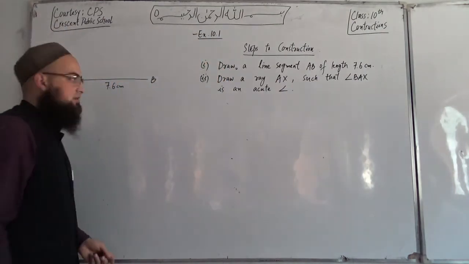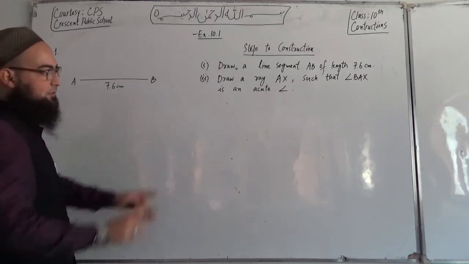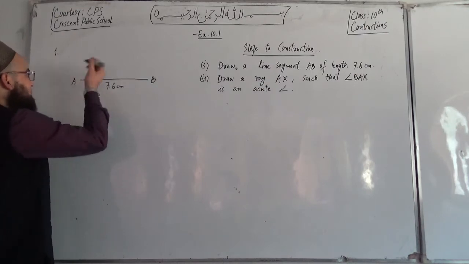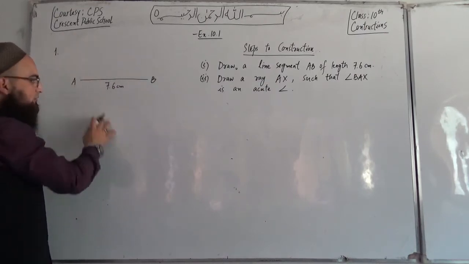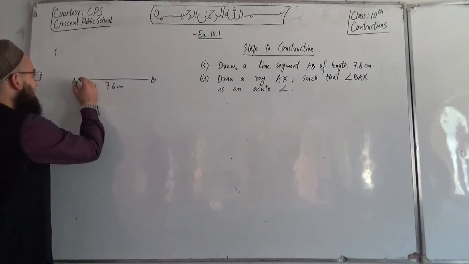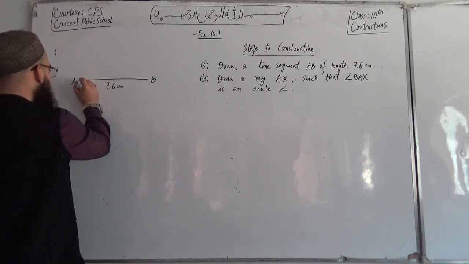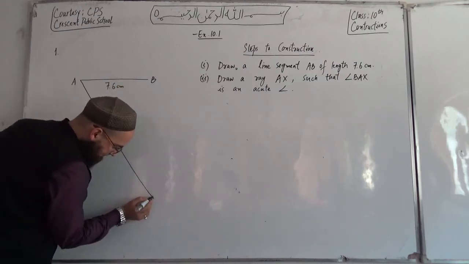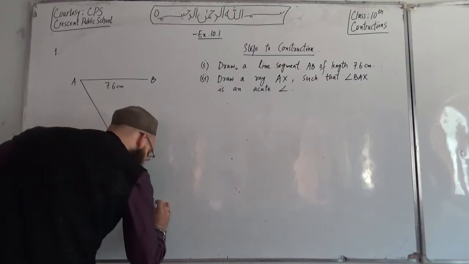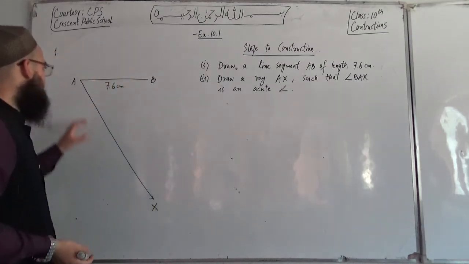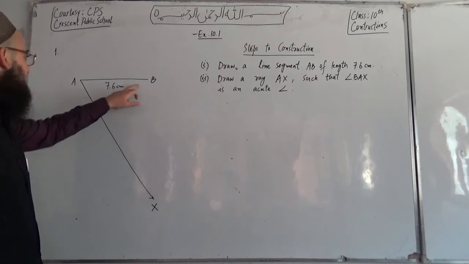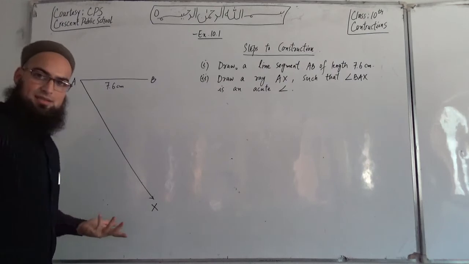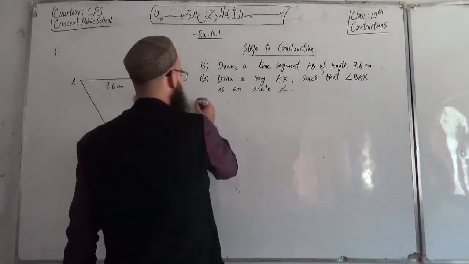So BAX, you can draw upwards or downwards, that's up to you. Let me draw like this. This is X. So draw a ray AX such that BAX is an acute angle. Now we observe that BAX is an acute angle.